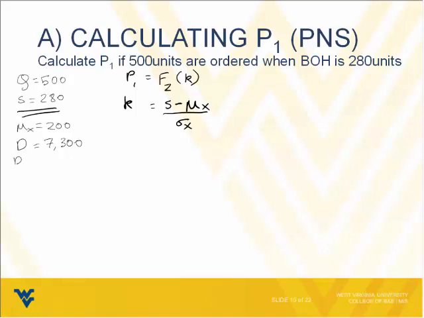Our days per year is 365. So we can calculate the average demand, which is 7,300 divided by 365. So our average demand is equal to 20 units per day.